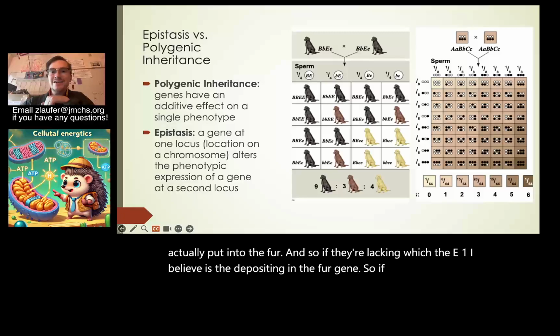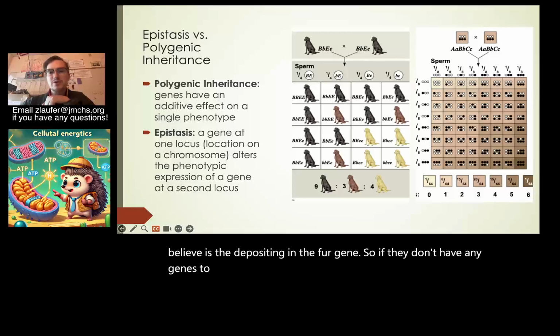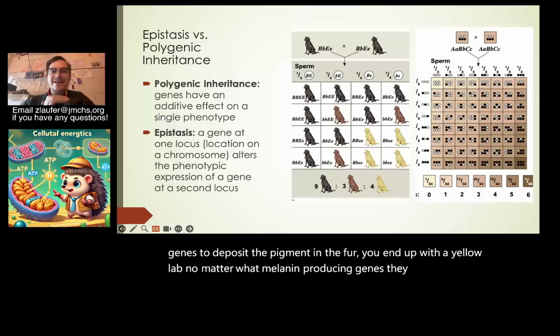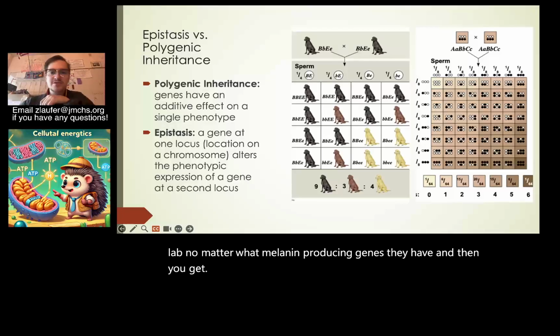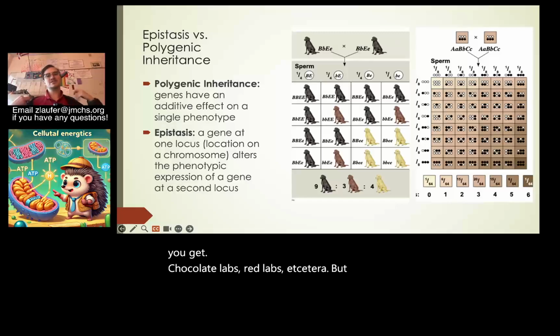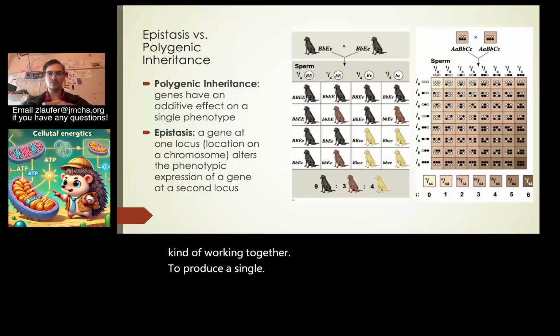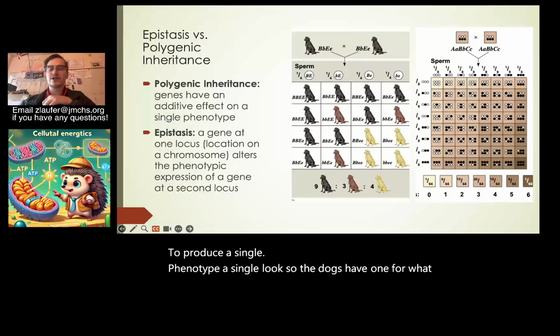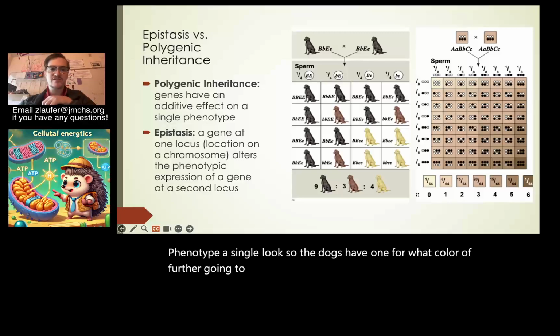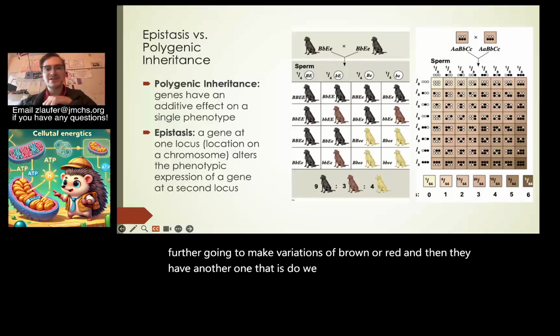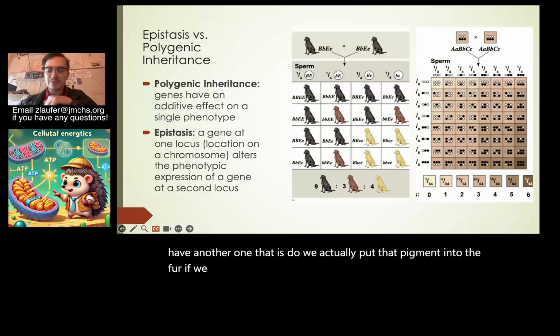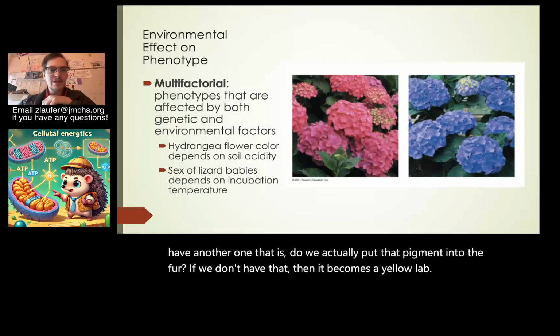So if they don't have any genes to deposit the pigment in the fur, you end up with a yellow lab no matter what melanin producing genes they have. And then you get chocolate labs, red labs, etc. But you have 2 genes working together to produce a single phenotype, a single look. So the dogs have one for what color of fur they're going to make, variations of brown or red. And then they have another one that is, do we actually put that pigment into the fur? If we don't have that, then it becomes a yellow lab.